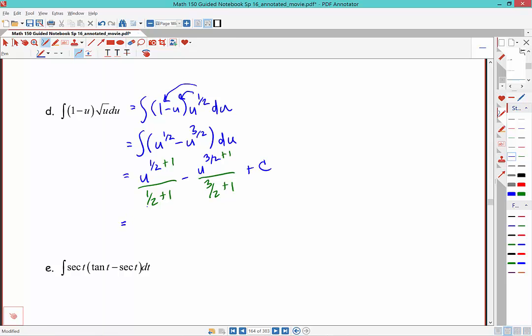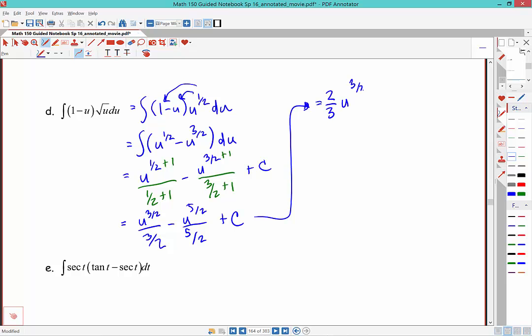So that'll give us u to the 3/2 over 3/2 minus u to the 5/2 over 5/2 plus c, which will give us a result of, good, 2/3 u to the 3/2 minus 2/5 u to the 5/2 plus our constant of integration.